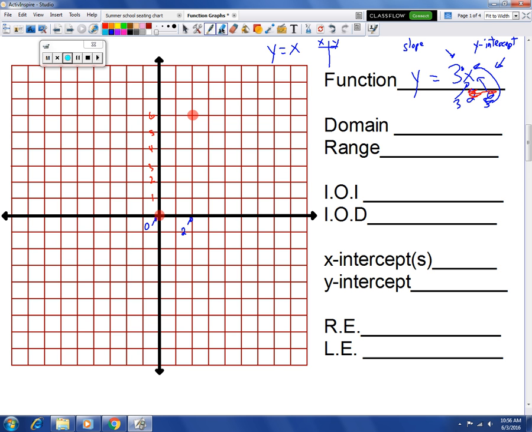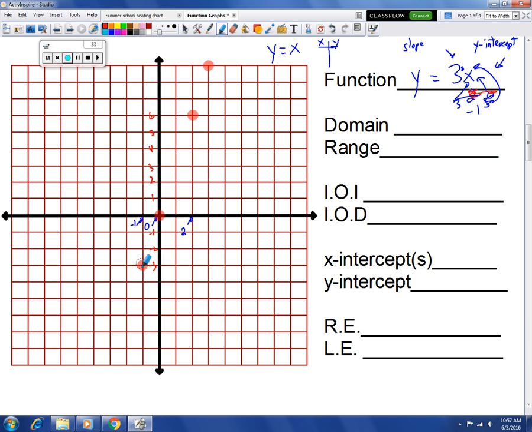So the y value is 9, and that will go up here. If you pick a negative number, let's say x equals -1, 3 times -1 is -3. Here's -1 on the x-axis, and here's -1, -2, -3. Where they meet, there's a point also. So we can do all that, but it's a little more time consuming.